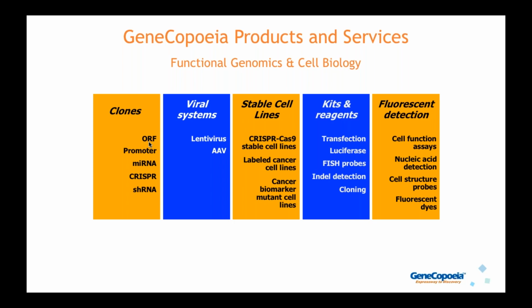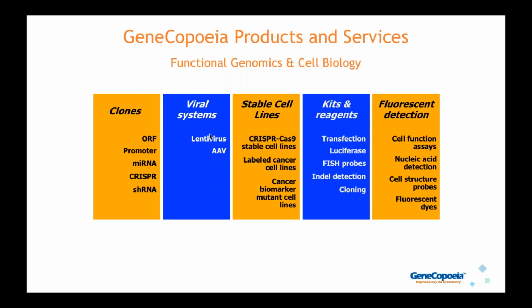And we've since branched out into other clone types like gene promoter clones, various types of microRNA-related clones, CRISPR clones, which of course is the focus of today's talk, and shRNA clone set solutions. In addition, we have viral systems for lentivirus and adeno-associated virus, or AAV.